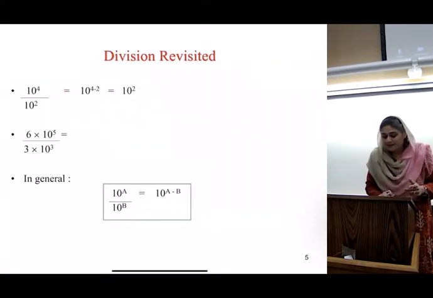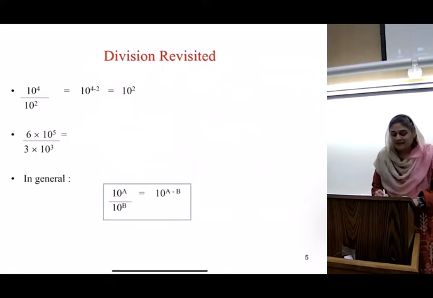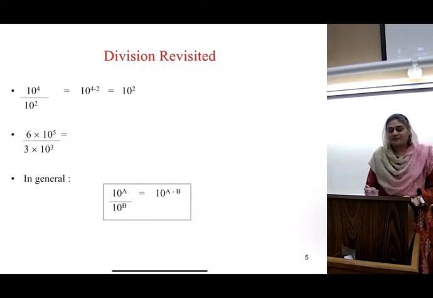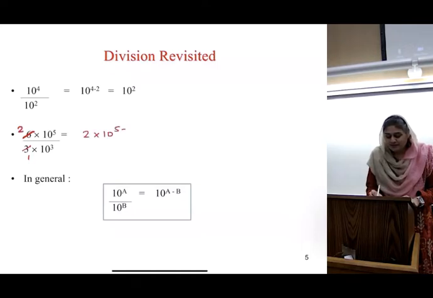Okay, the same thing we can do when we have division. For example, 10 to the power 4 divided by 10 to the power 2 is just 10 to the power 4 minus 2, or 10 to the 2. If we have this division, can I divide 1 and 2? It'll be 2 times 10 to the 5 minus 3, or 2 times 10 to the 2.